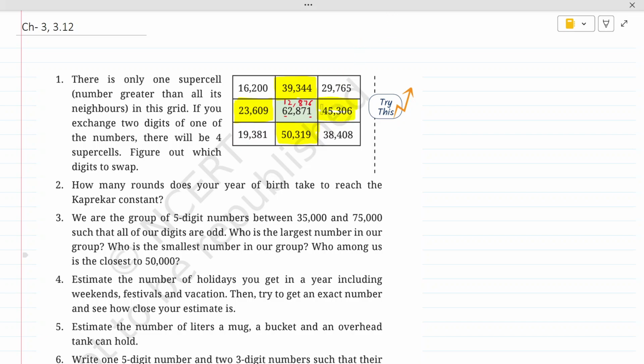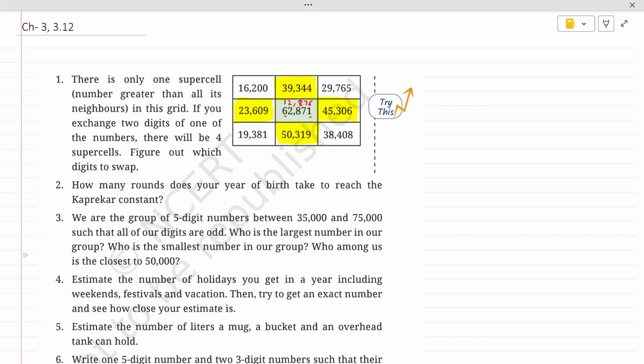Now we have these 4 supercells, and how have we got it? We have swapped the digits of this given number. Which two digits? The 6 with 1, and we have got a new number which is less than its neighboring cells. Okay, so I hope this is clear, kids.